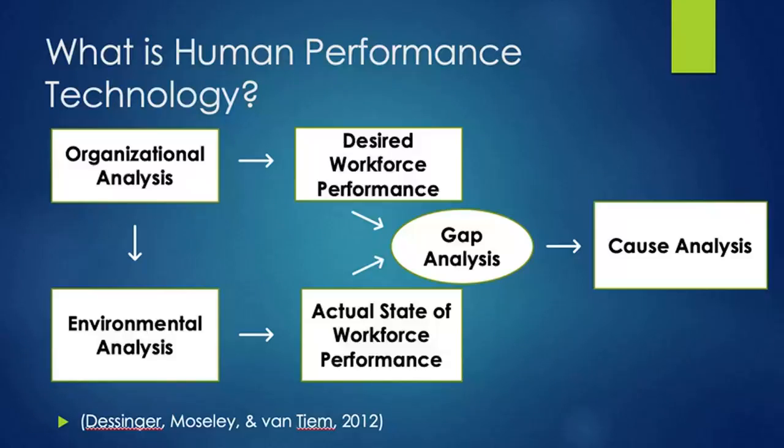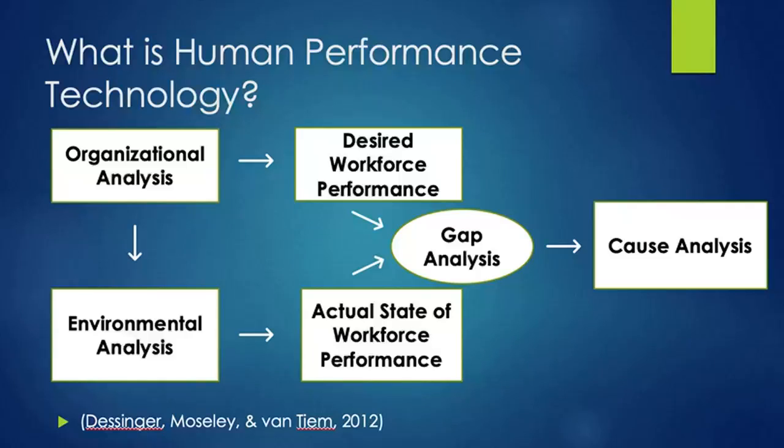The way human performance technology works is best demonstrated through this model. The first part of the human performance technology process is the organizational analysis, or the analysis of the subject itself. And from there, the practitioner can go towards the environmental analysis, which is the analysis of the environment of the organization, and then to the actual state of the workforce performance.